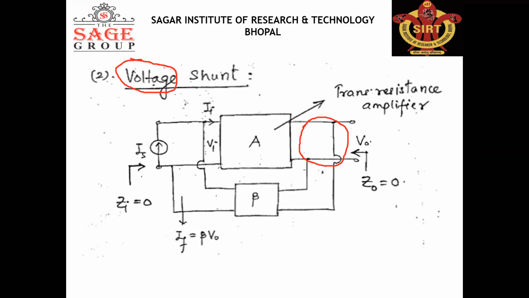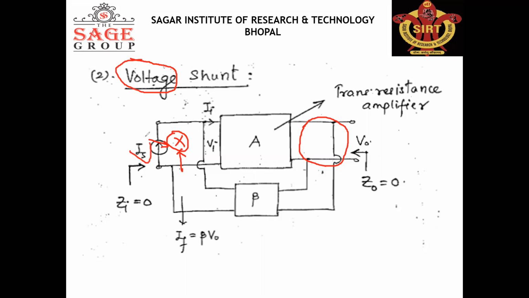Shunt means the mixing is done in shunt form. We already know that two signals will be added in shunt form only when both signals are in the form of current.